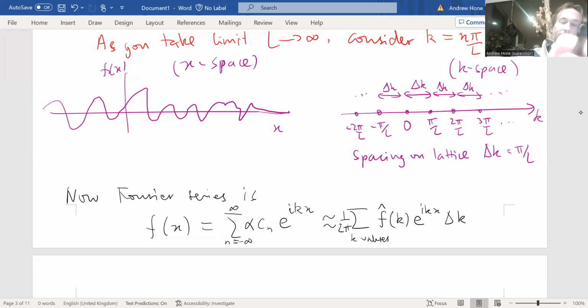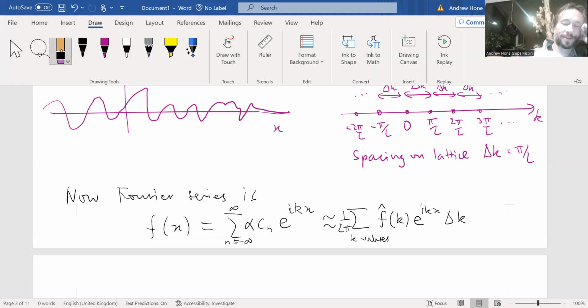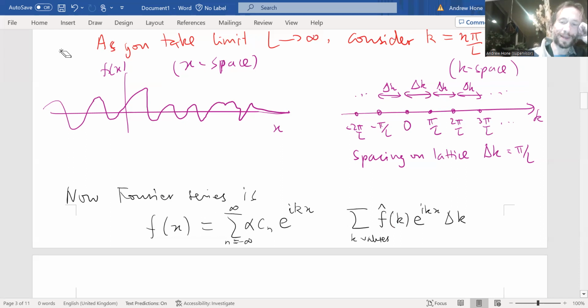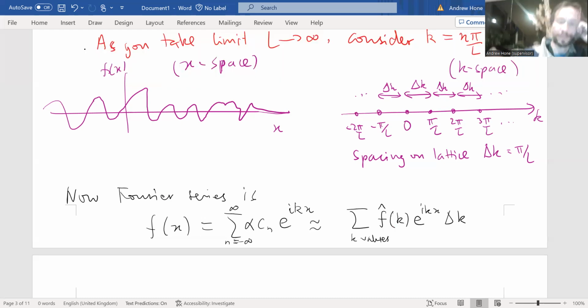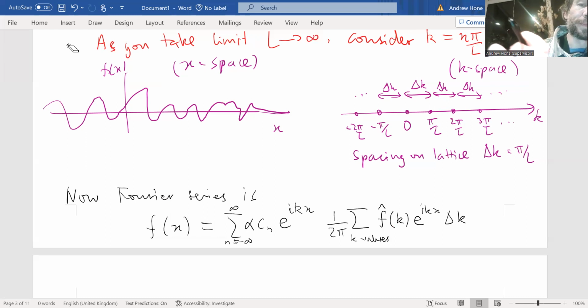It's easy for me to mess this up, because there's a choice of scaling when you define Fourier series. And here I want to choose the scaling so that I get a nice formula.